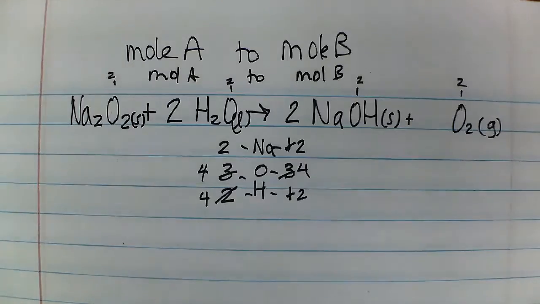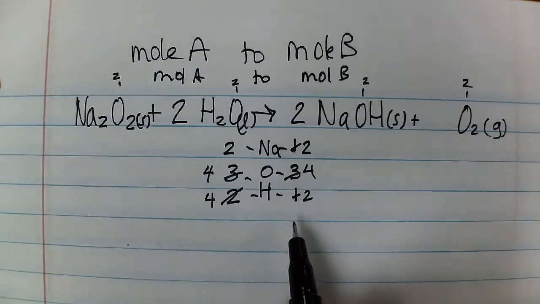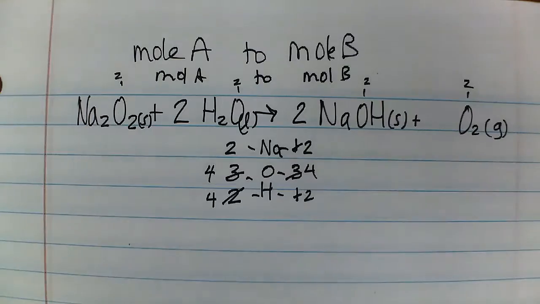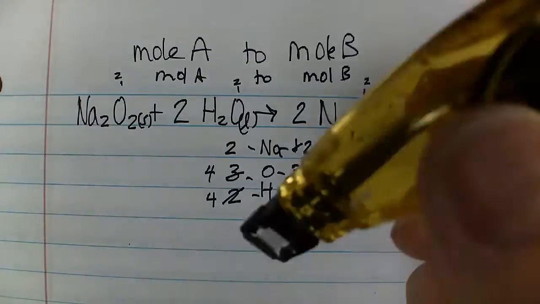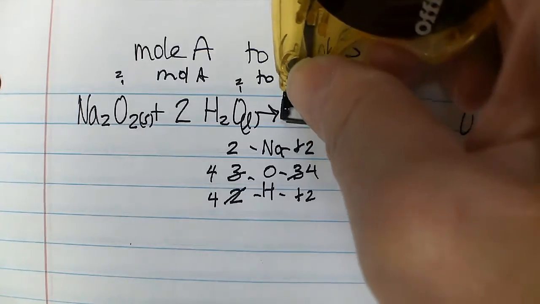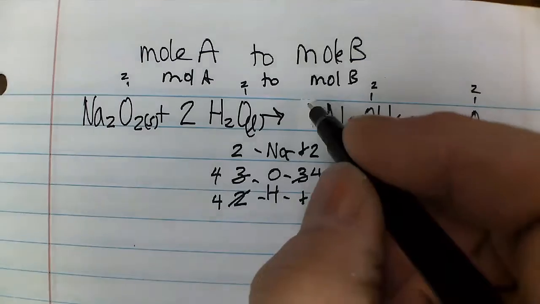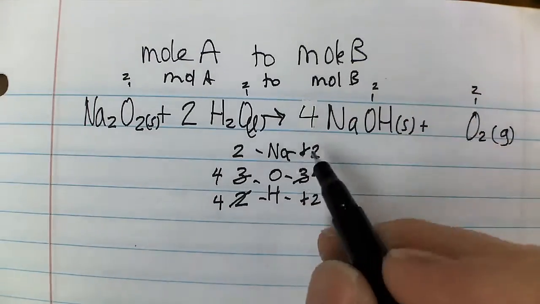So that equation is not quite balanced yet because my hydrogen is not balanced. So now what I'm going to need to do is use a little bit of whiteout because I didn't use a pencil. I'm going to change the number in front of my NaOH to a 4.